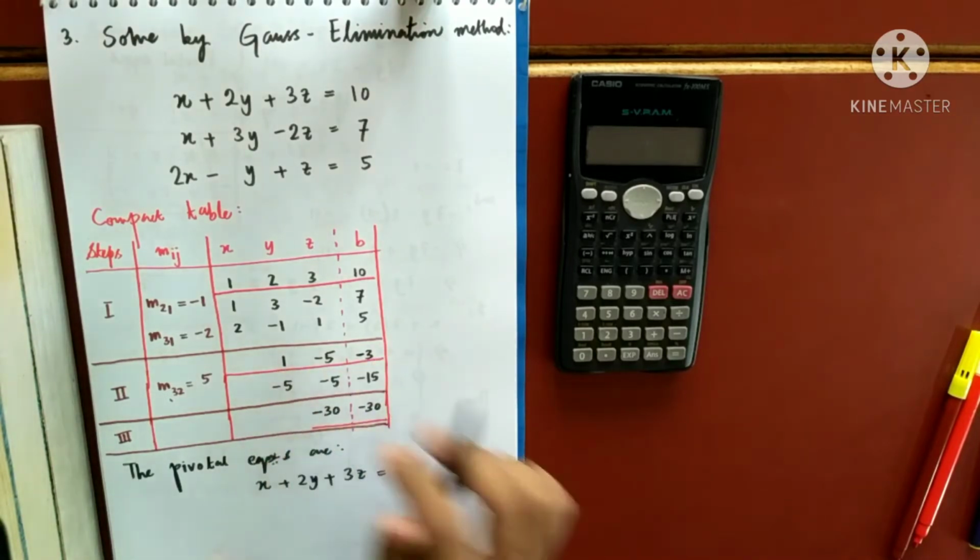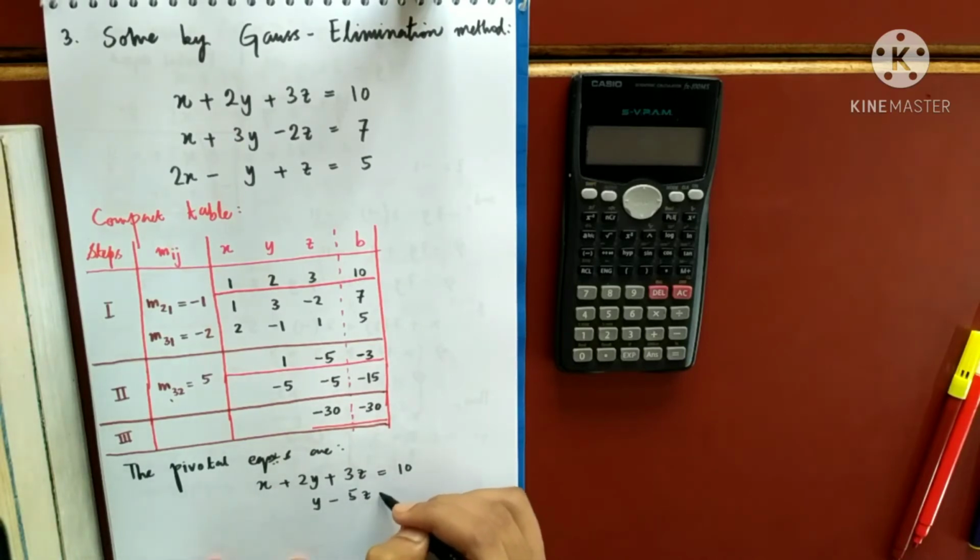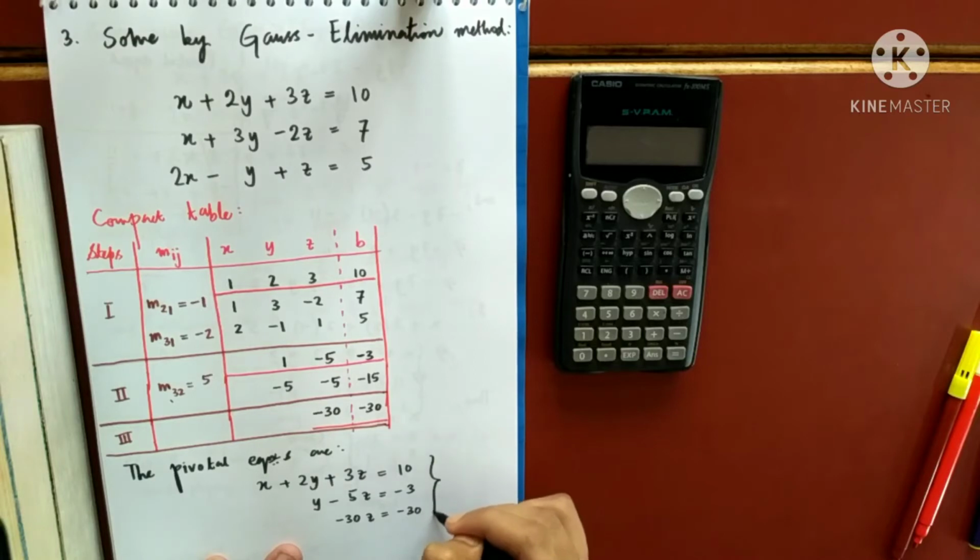The second pivot is y minus 5z equals minus 3, and minus 30z equals minus 30. These are my pivotal equations, and it's very easy to solve them. You just quickly solve the pivotal equations and tell me what you are getting.